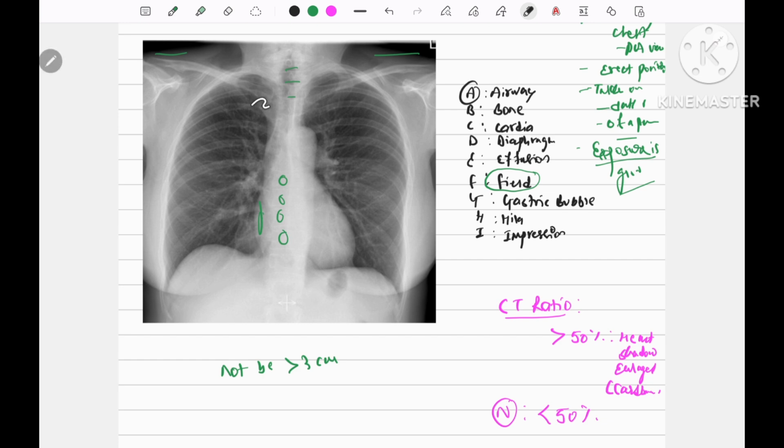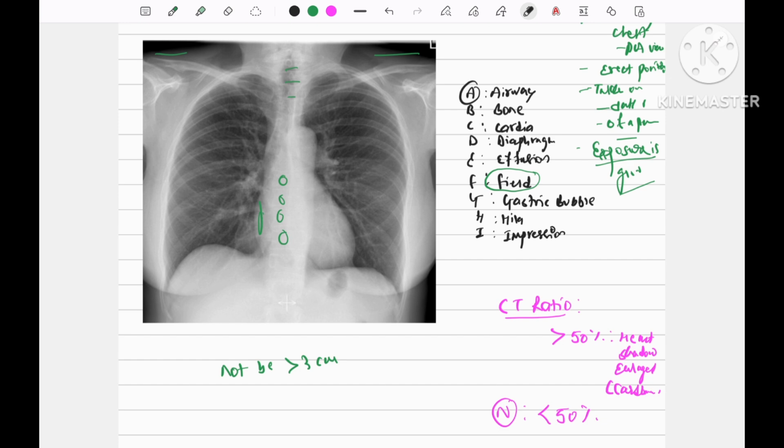The lung field appears normal, the bronchovascular markings can be seen, there is no mass, no infiltration, and there is a gastric bubble present on the left side below the diaphragm. The hilar structures can be appreciated, like pulmonary vessels and aortic knuckle. So my provisional diagnosis is that this is a normal chest X-ray. In this way we have to explain.